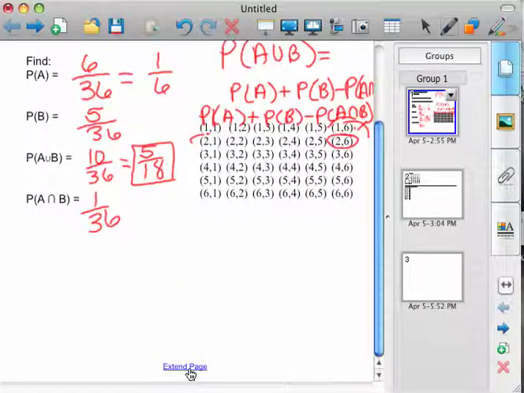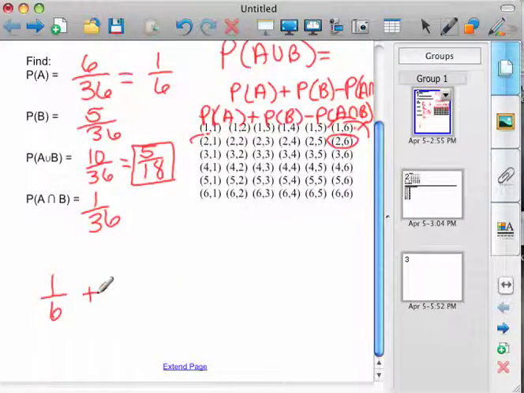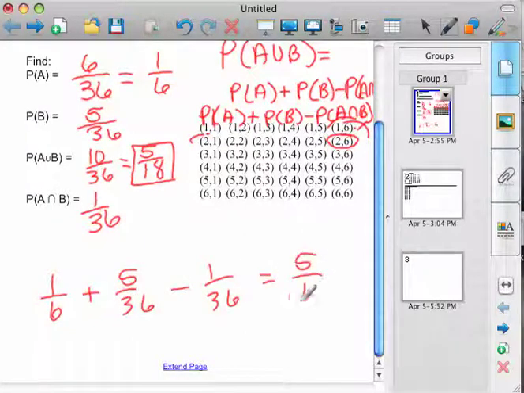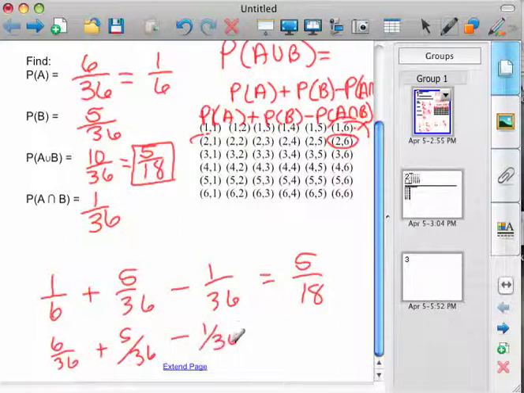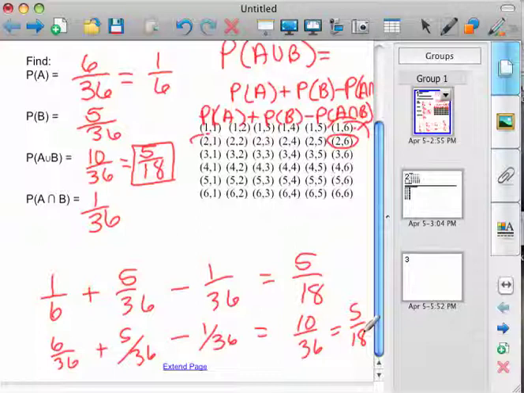So if you follow the formula, 1/6 plus 5/36 minus 1/36 should equal 5/18. And go ahead and calculate that out. It should work. You could go ahead and do 6/36 plus 5/36 minus 1/36, which is 10/36, which indeed is 5/18.